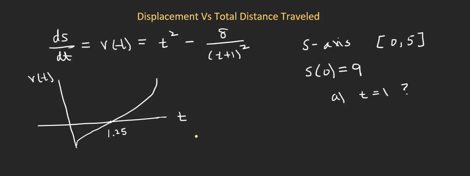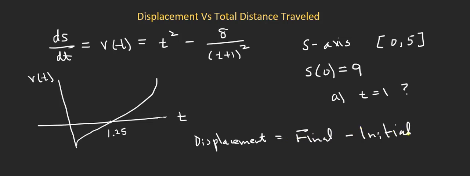Remember, displacement is final minus initial. We have initial, that is 9. And we need to find final position when t equals 1.